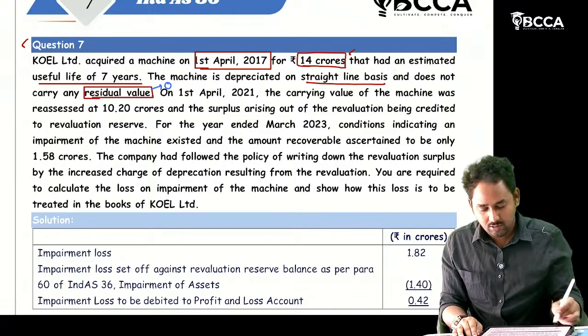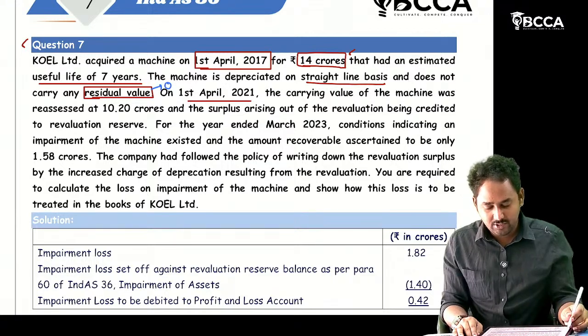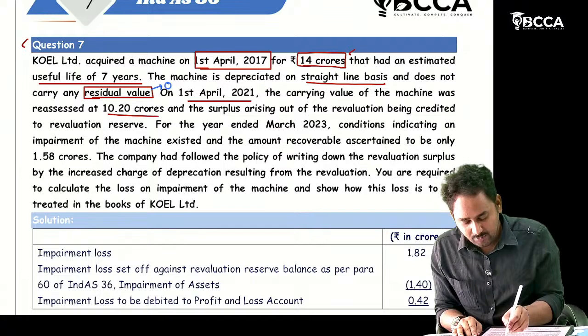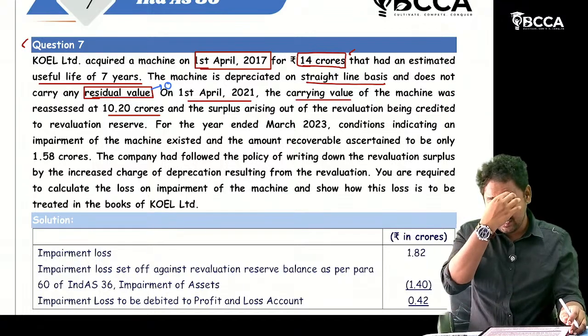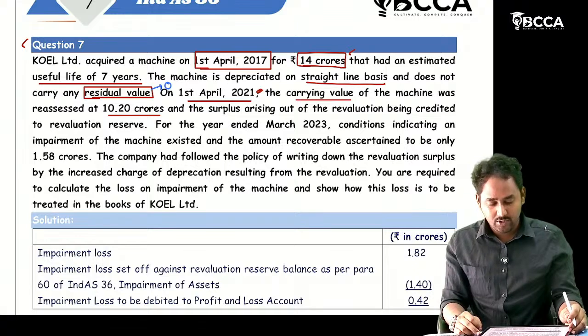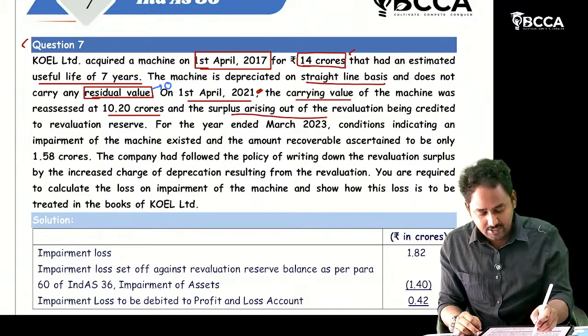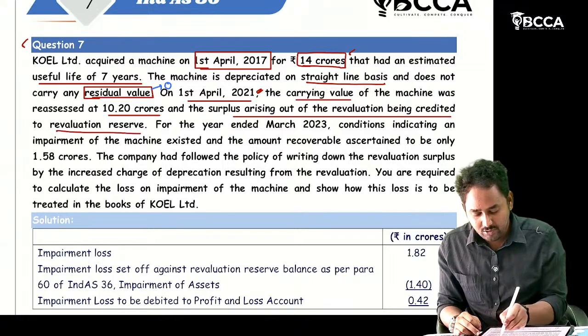Then on 1st April 21, the carrying value of the machine was reassessed at 10.20 crores, and the surplus arising out of revaluation is credited to revaluation reserve.